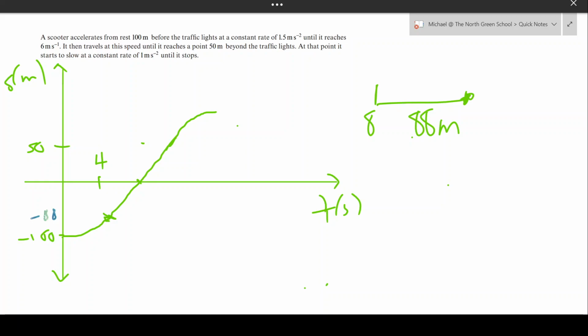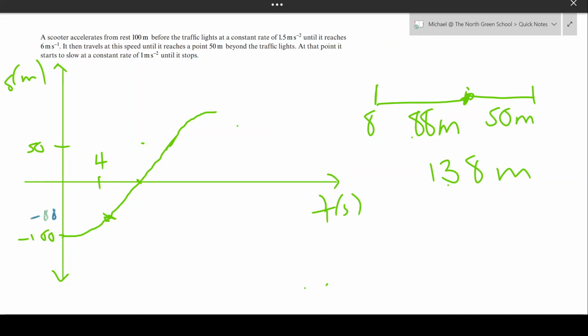Then it's going to travel all the way until it's 50 meters ahead. So at constant speed it travels the 88 meters to get there, and then another 50 meters. In total it's going to travel 88 plus 50 meters, or 138 meters. That's when it will reach 50 meters beyond the traffic lights, the point at which it will start to slow down.